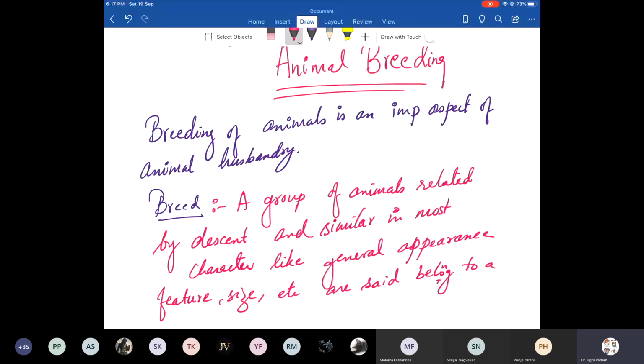So a group of animals which are closely related and similar, those are said to be a common breed.